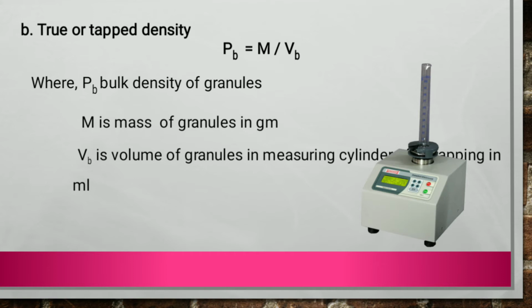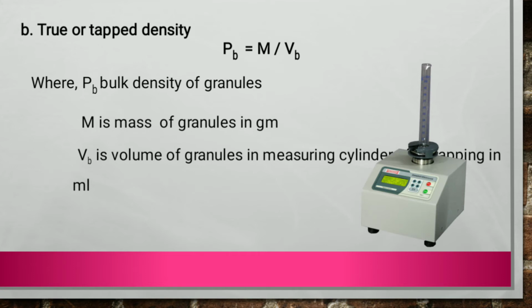It is given by the formula ρt = m/Vt. Here ρt is true density of granules, m is mass of the granules in grams, and Vt is volume of granules in measuring cylinder after tapping in ml.